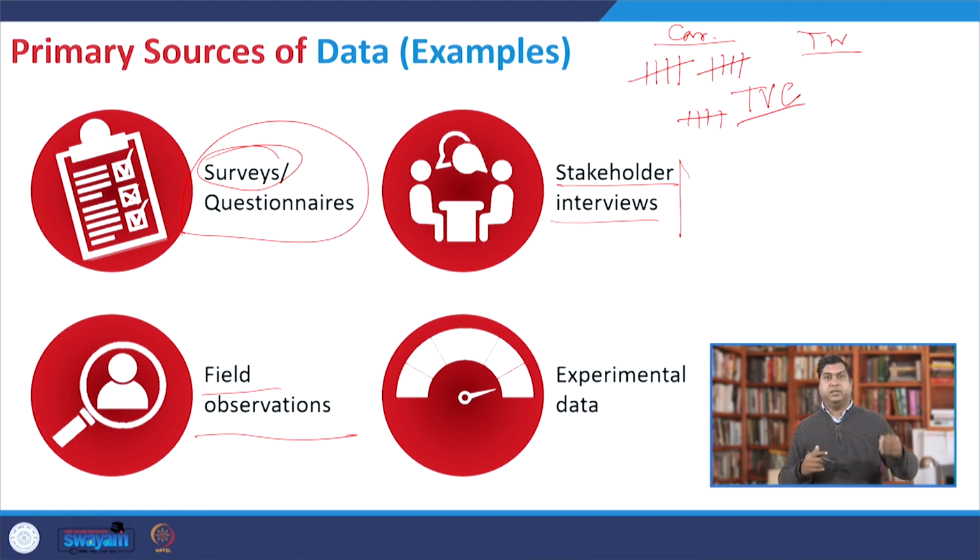There may be a checklist where you can note it down, or maybe you can measure something like, okay, this is the available width of the sidewalk or the road, or maybe the color of the building facade. So depending on the need you can have some field observation, which is not about taking a survey of people or a questionnaire survey.